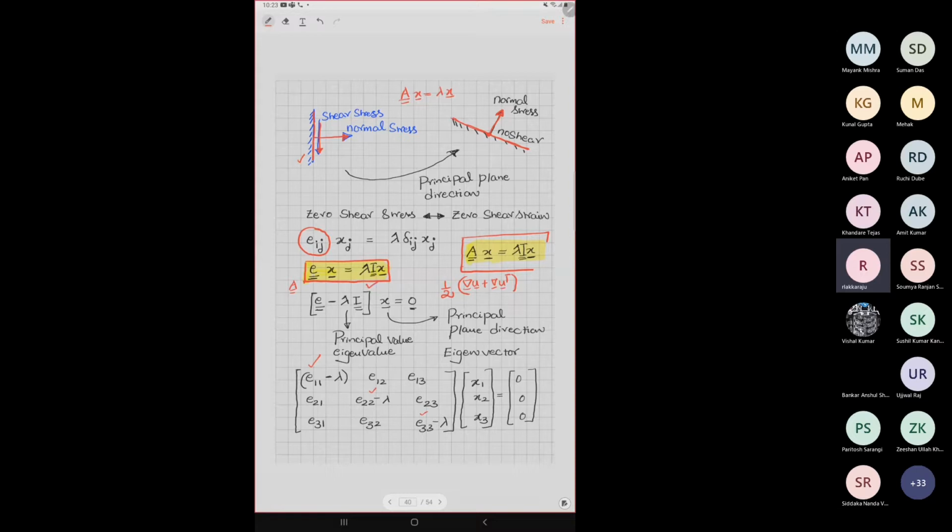Lambda values are diagonal elements, which is possible only if (strain rate minus λI) multiplied by X is equal to 0. In that case, if it can happen, lambdas are called principal values or eigenvalues, and the X direction, what we call principal direction, or eigenvector.